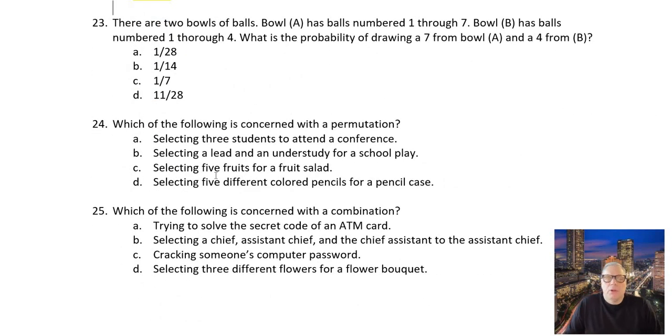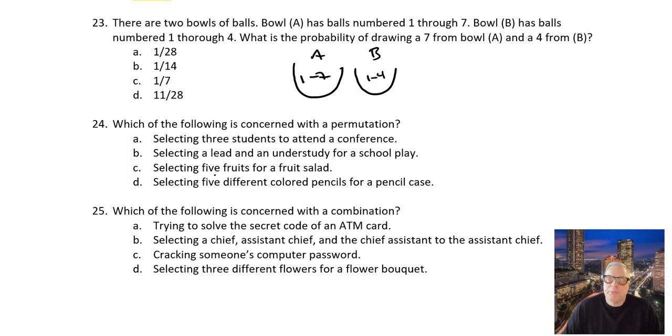There are two bowls of balls. Bowl A has balls numbered 1 through 7. Okay, so there's a bowl where we have 1 to 7, and bowl B has 1 to 4.